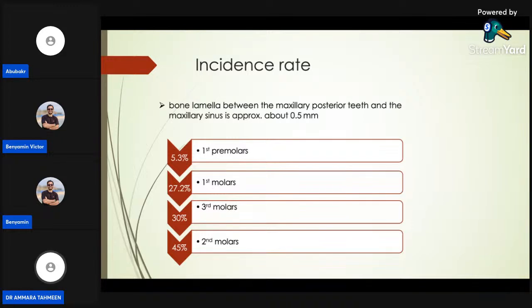Hence we commonly encounter oro-antral communication during second molar extraction, followed by third molars, then first molars, and the least number of cases are related to extraction of the first premolar, about 5.3%.